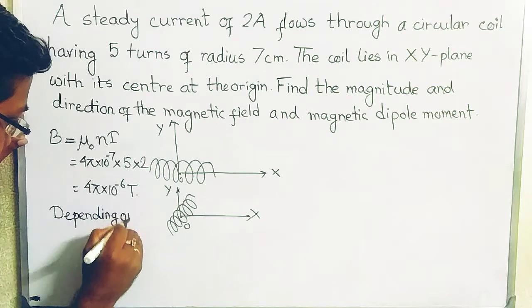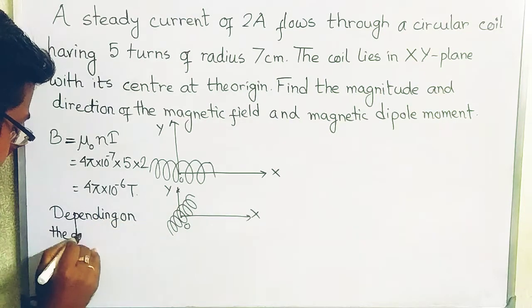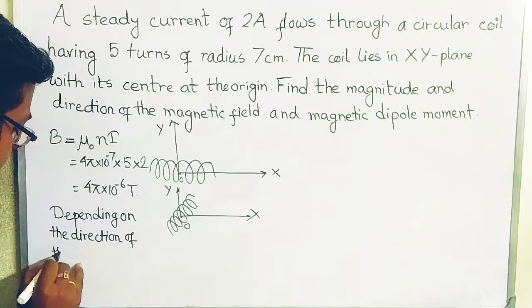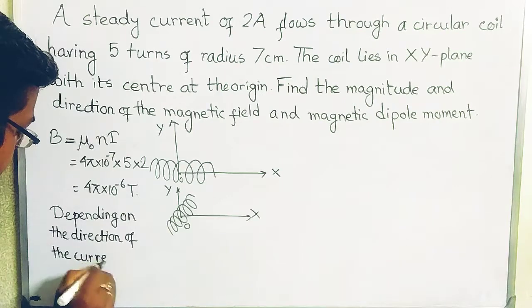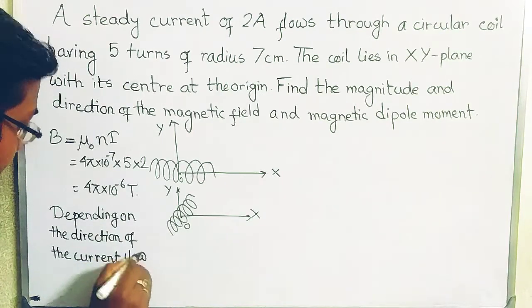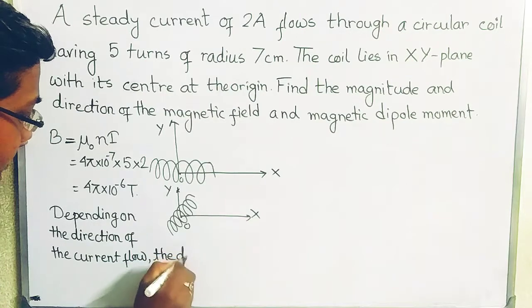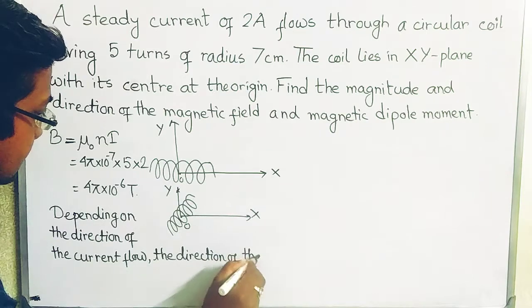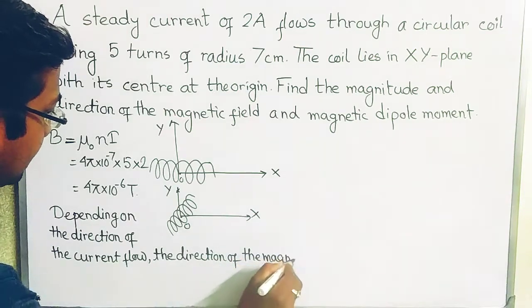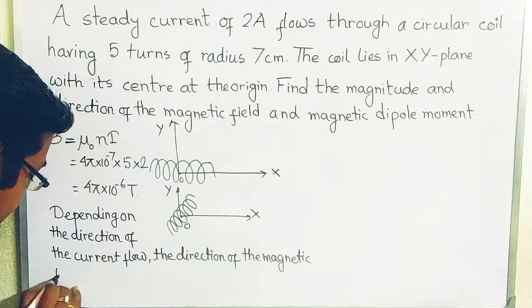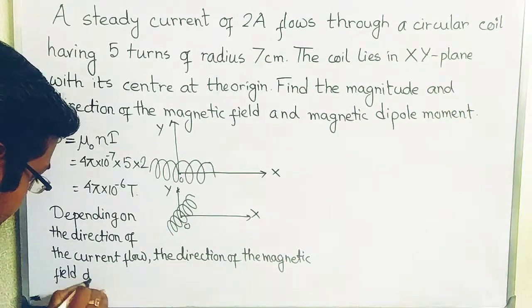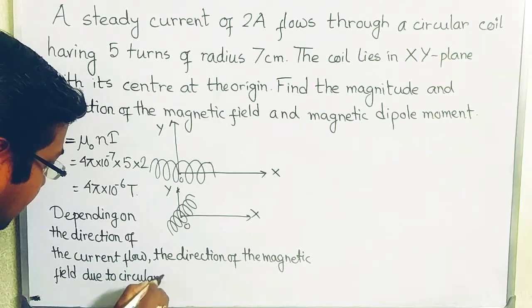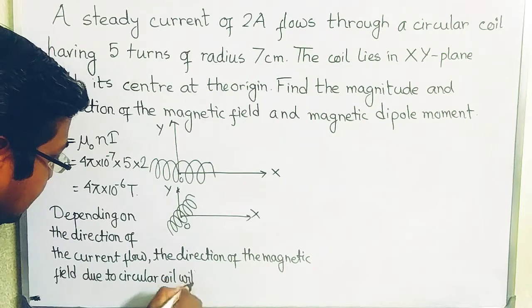Depending on the direction of the current flow, the direction of the magnetic field due to this circular coil will be changed.